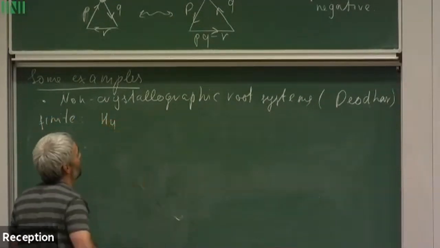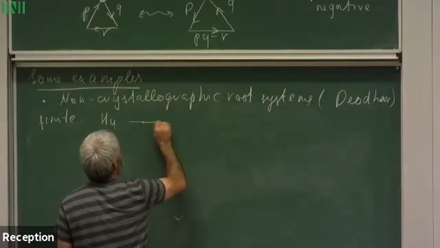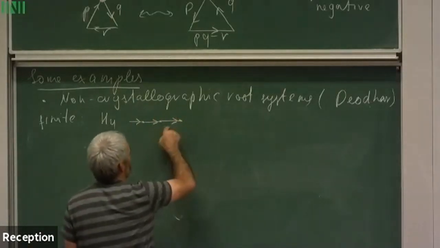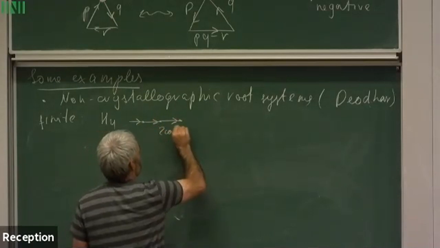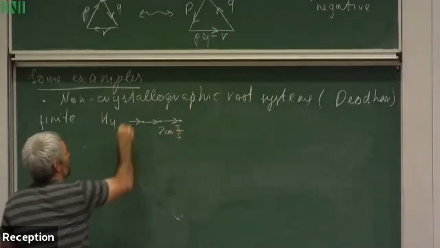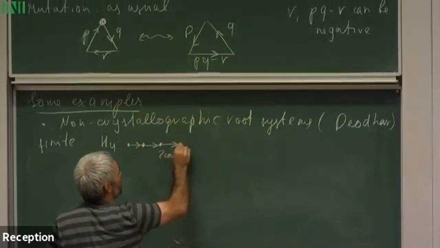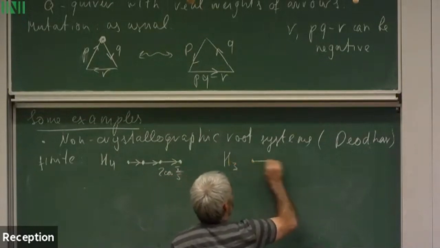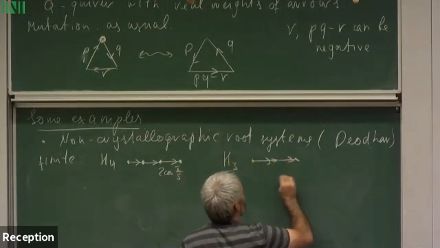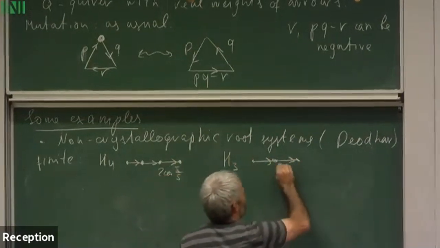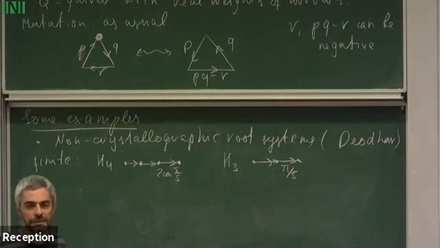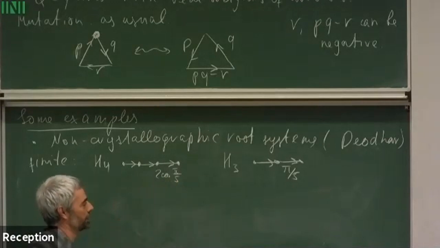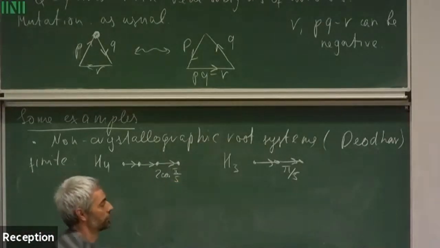So, in particular, the finite ones, which are H4. To H4, we associate this quiver, and here the weight will be 2 cosine pi over 5. There are 4 vertices, 3 arrows. H3 as well. I will use the notation pi over 5 and forget about the cosine, but the actual entry in the matrix will be 2 cosine of the angle.